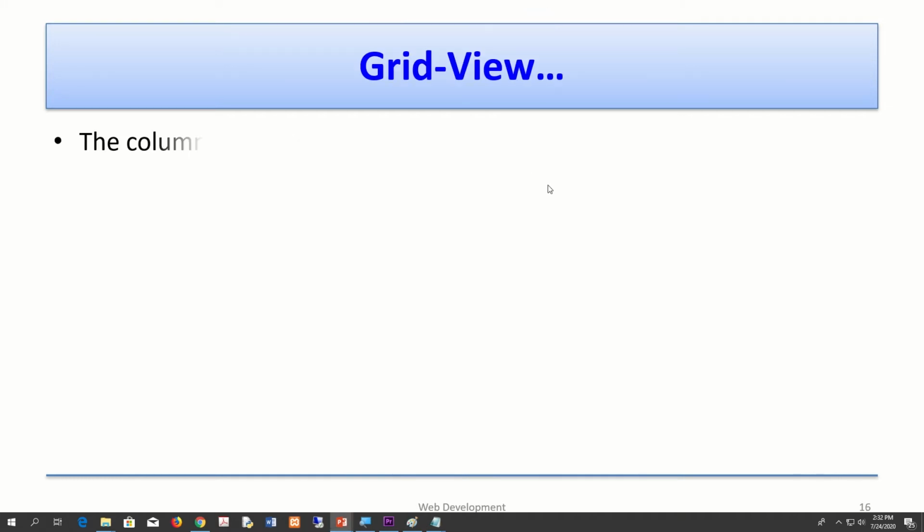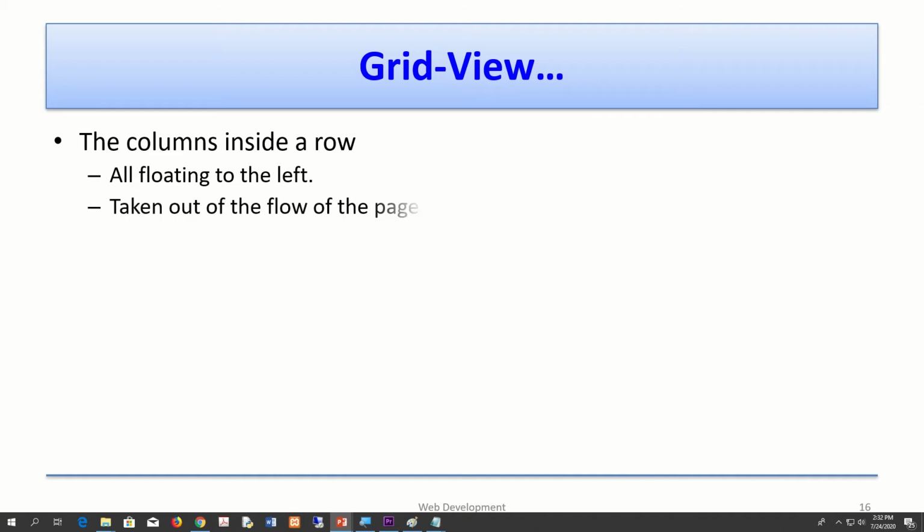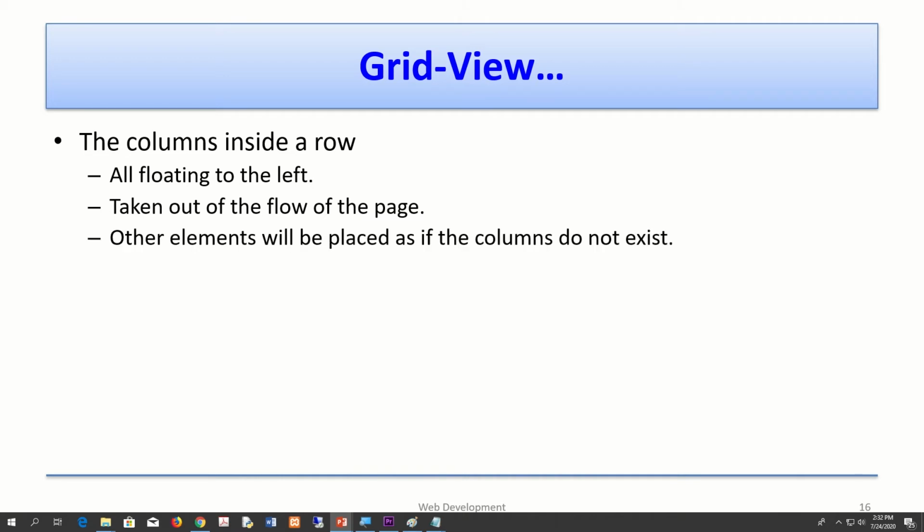And then in grid view, the columns inside the row, all columns should be floated to the left, and then they are taken out of the flow of the web page. The other elements will be placed as if the columns do not exist.